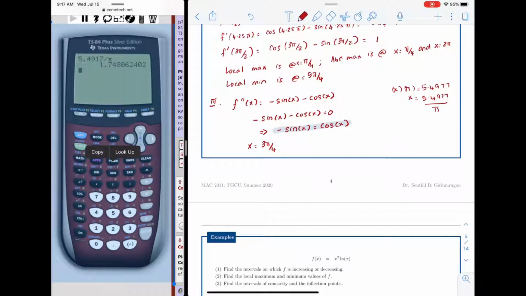So 1.748 is simply 1.75. So 1.75 is 1 plus 3 over 4.